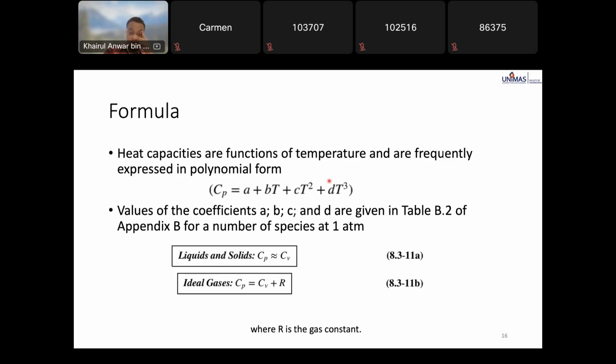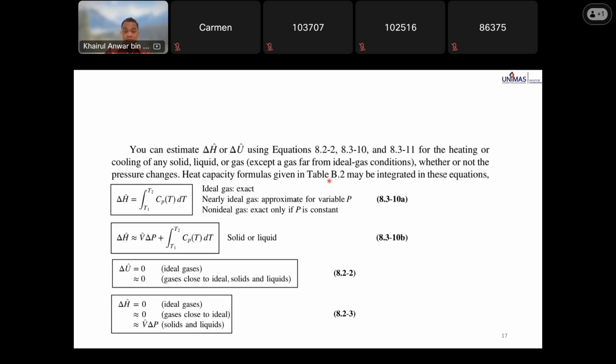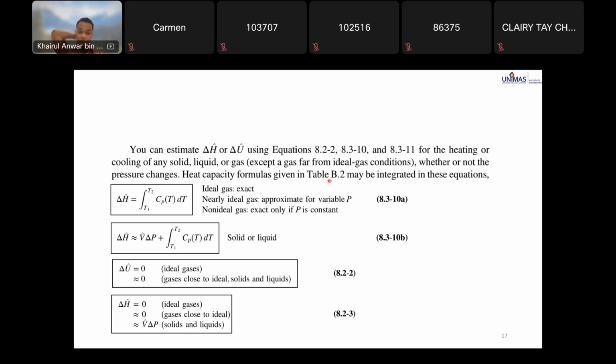For liquid and solid, Cp is equal to Cv. For ideal gas, Cp is equal to Cv plus R. That one is important. You can also estimate delta H or delta U using equations 8.2-2, 8.3-10, and 8.3-11.